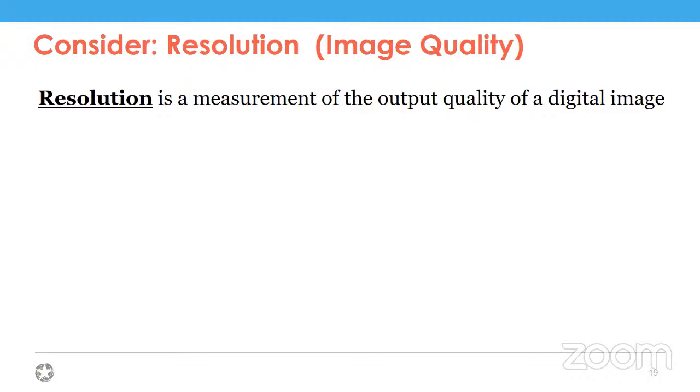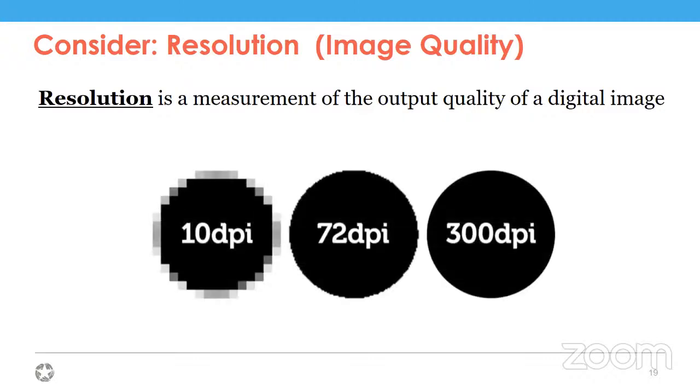So often, resolution is expressed as DPI, which is dots per inch, or PPI, pixels per inch. The more dots or pixels in a space, the higher the resolution or quality of your image.